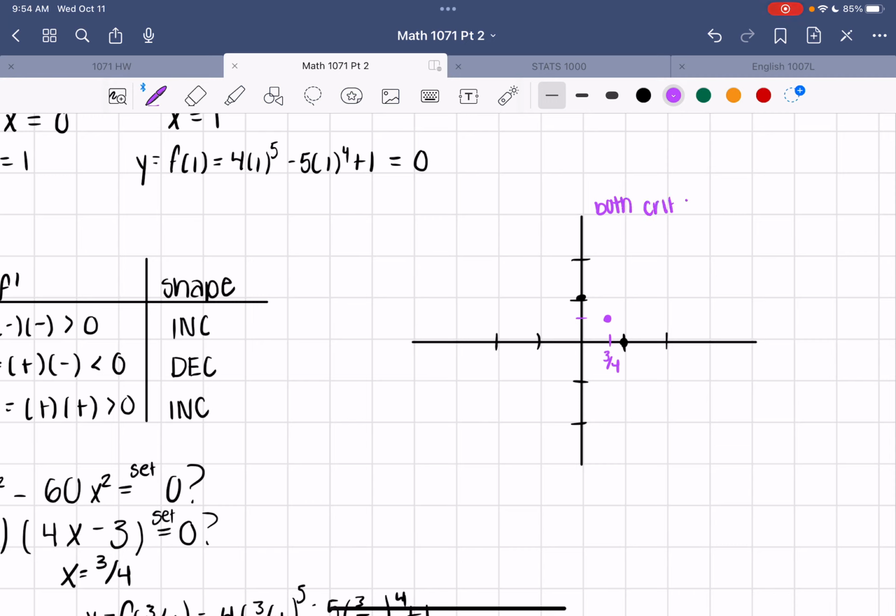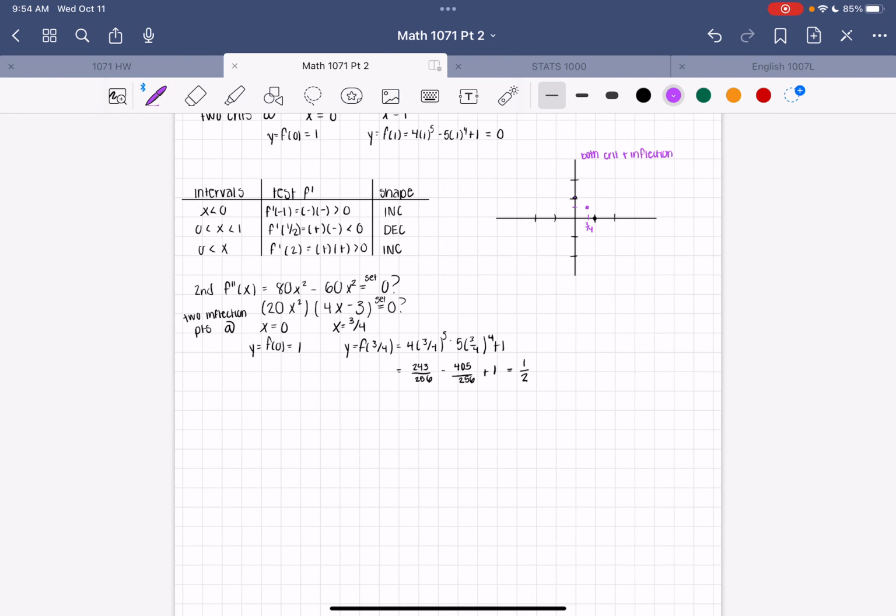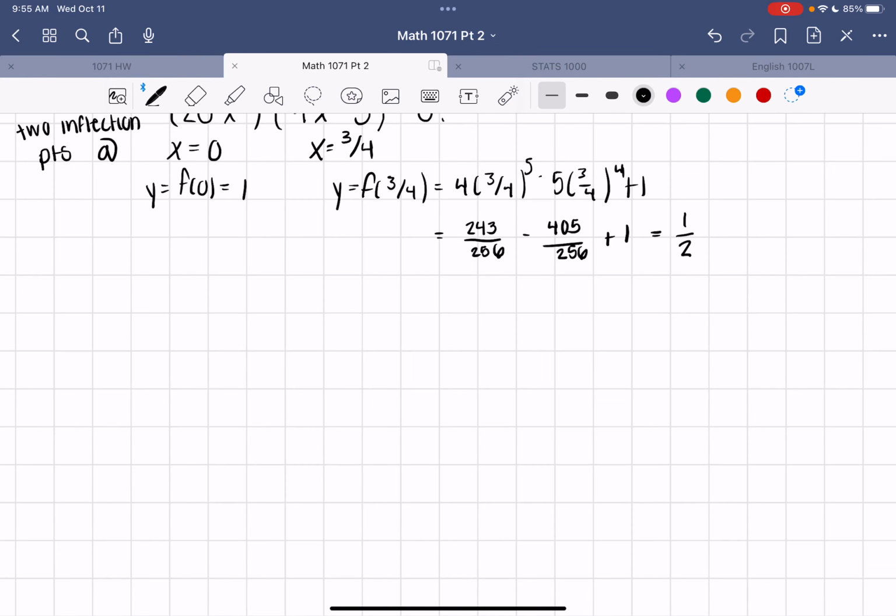And so let's do our intervals. With 2 inflection points, you got 3 intervals, over which we're going to test the second derivative to conclude something about concavity.